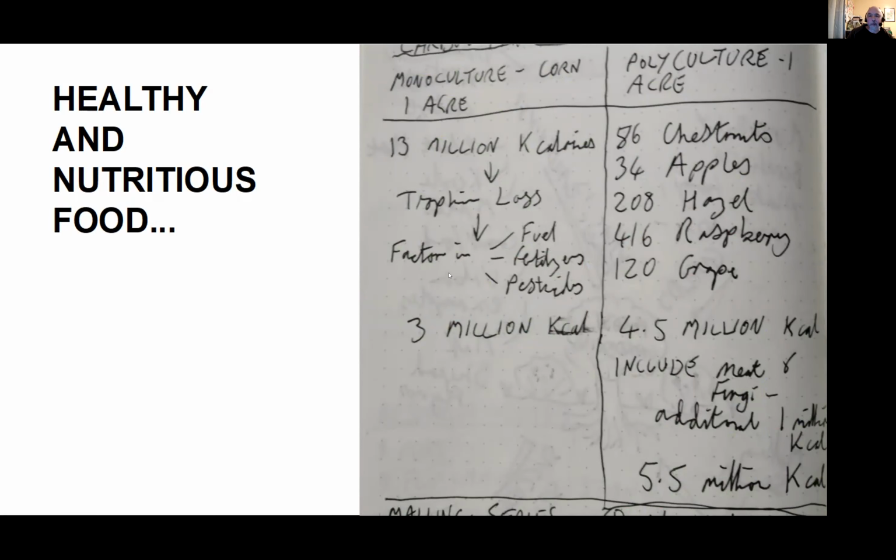And then when we also factor in the energy inputs to actually grow that corn, the fuel for the tractors, the fertilizers that needed to be brought in and the energy that went into producing those fertilizers, and similarly the pesticides to make sure those crops are successful, we're actually losing 10 million kilocalories.